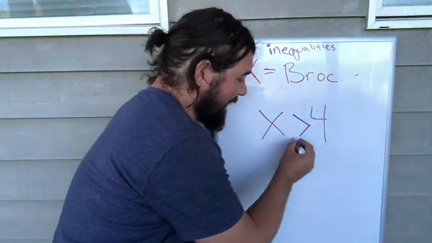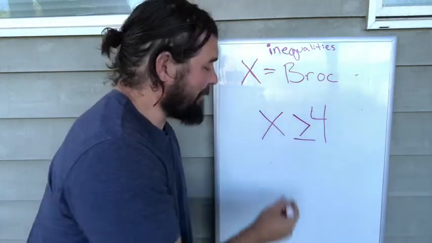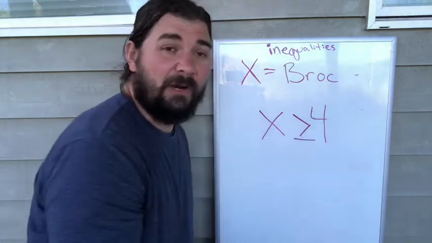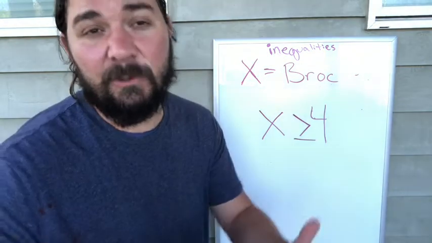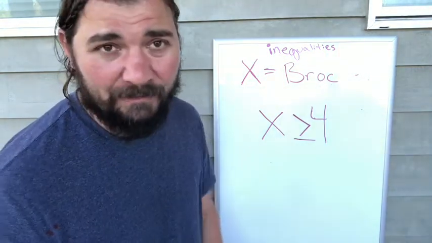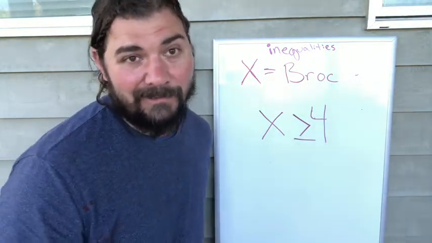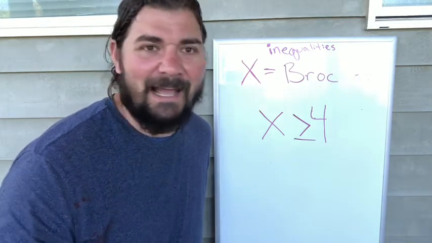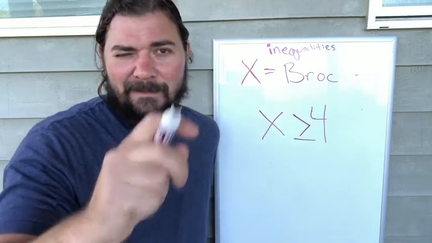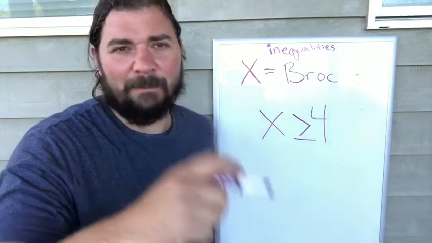I put a little line underneath it. So now I have a greater than or equal to 4. X is greater than or equal to 4. Now it includes 4 and everything more than 4. And you know her? She only ate 4 pieces of broccoli. And then she asked for dessert. That, amazing, right? You guys never do that, right? Do you? Nah, you probably do.